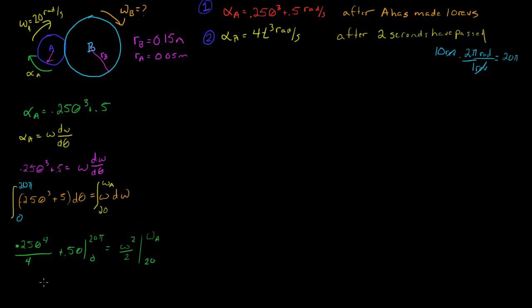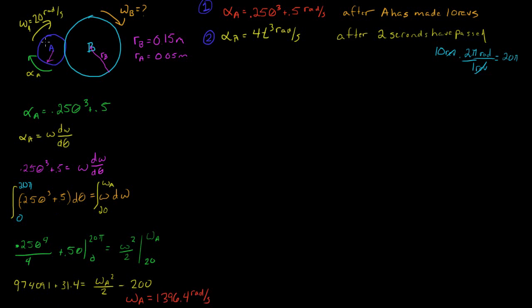Now, if we evaluate our bounds, we get 974,091 plus 31.4 is equal to omega A squared over 2 minus 200. And we can solve this equation for omega A, and we get a final angular velocity of A equal to 1,396.4 radians per second.